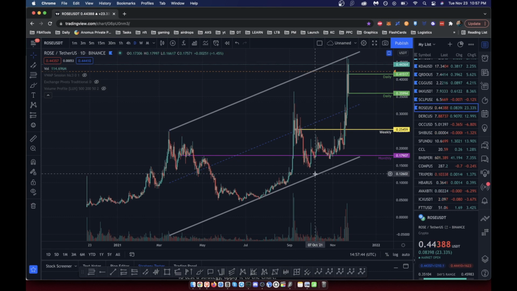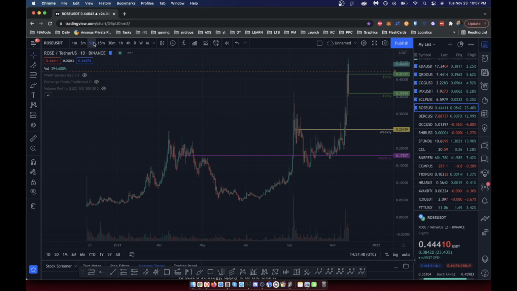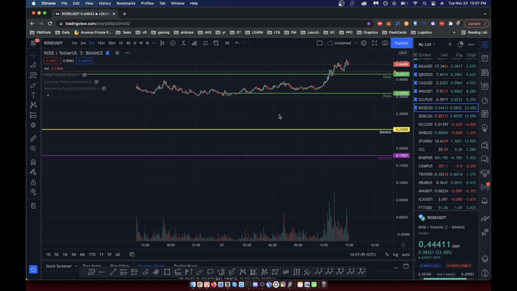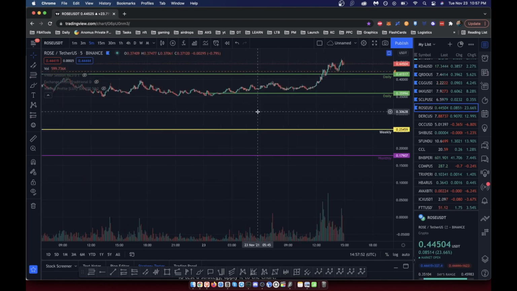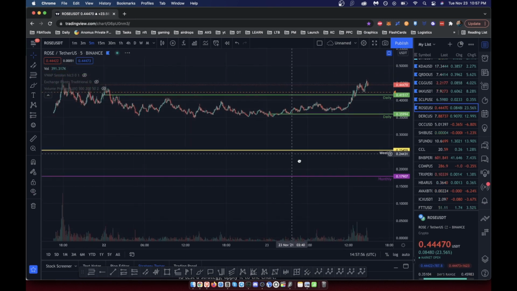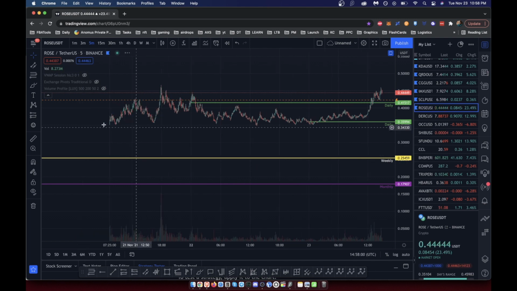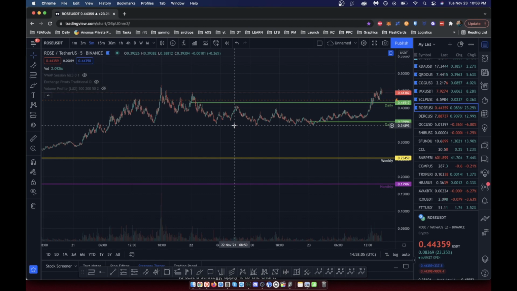I would just delete this, but a better example of a parallel channel would probably be on a smaller time frame. So if we go to 5 minutes, right? You can see here we're kind of trading in a zone on the 5-minute chart. So this would be like a channel that you can make right now.